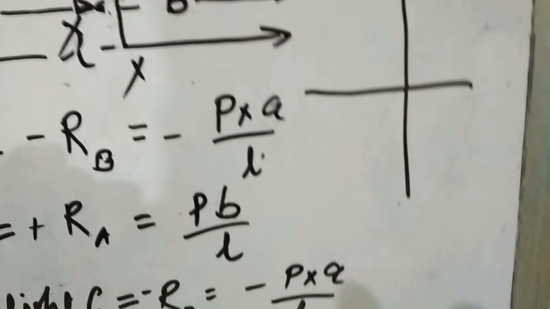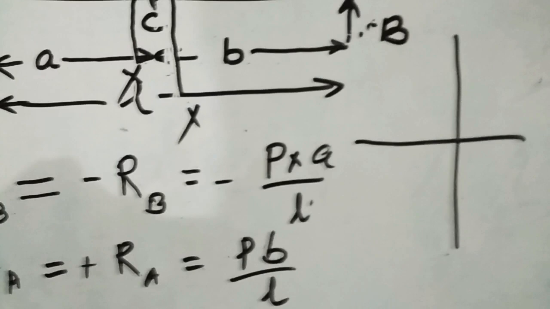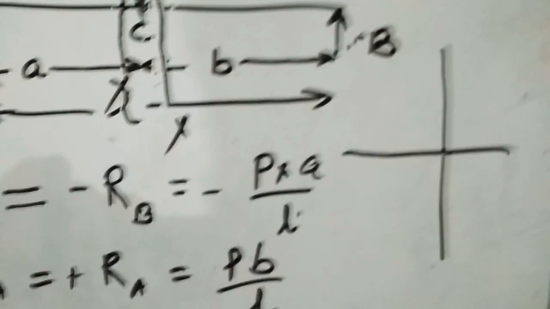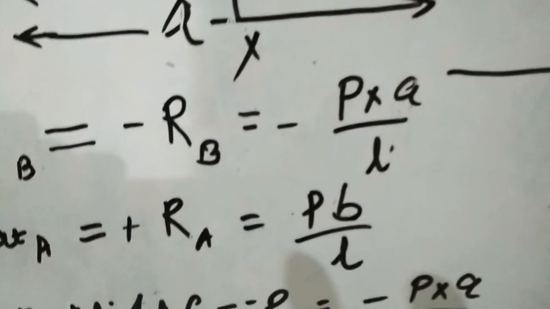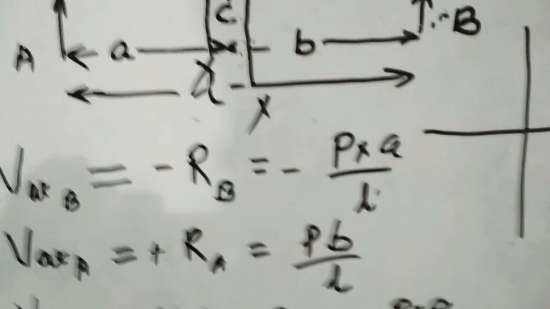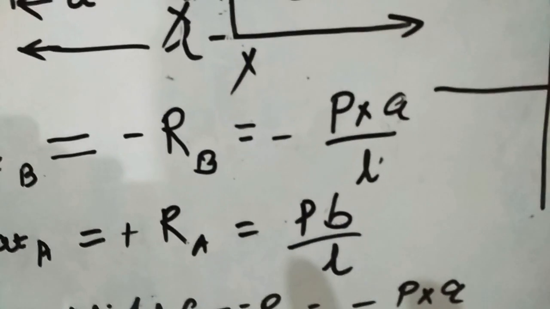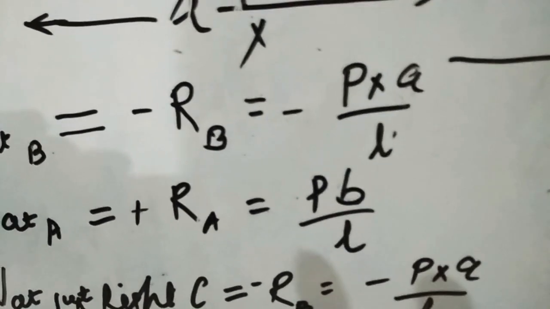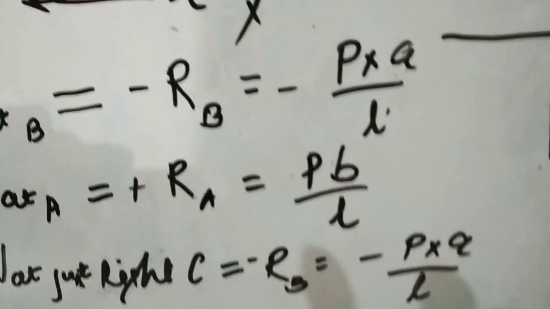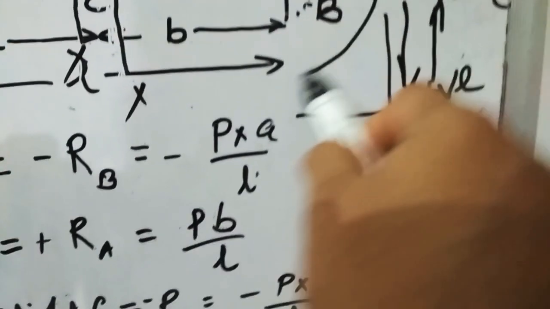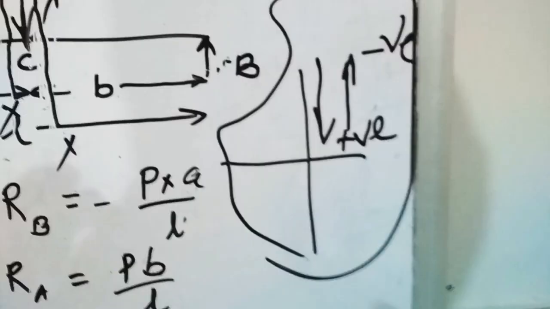And a very important point you have to consider: the sign convention which I have followed in this example is that shear force which is acting upward is considered negative, and downward is positive. This is the sign convention which we have assumed for this example, right?